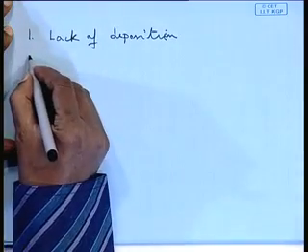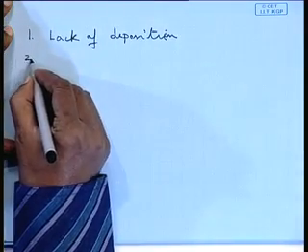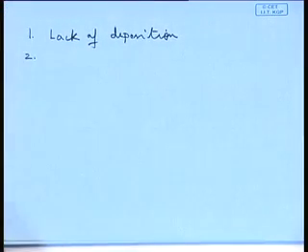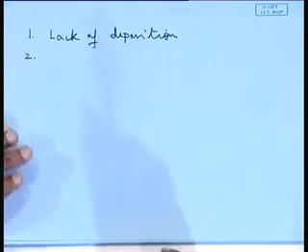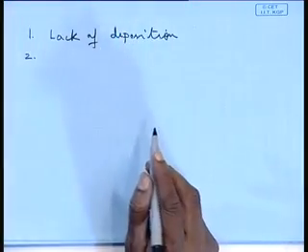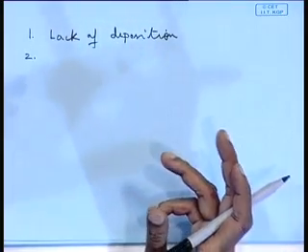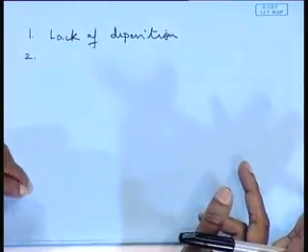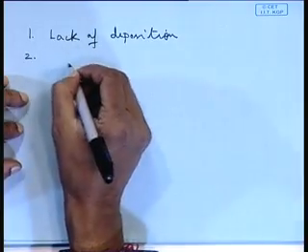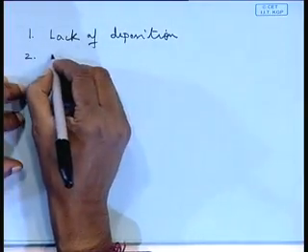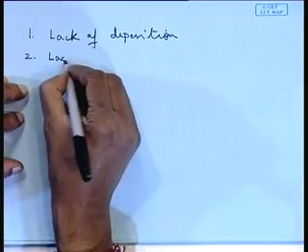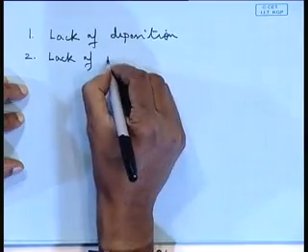We will first make a list of the defects which are probable, and then we will see how and why they are forming, and what is to be done with them. So, lack of deposition. Similarly, lack of penetration.